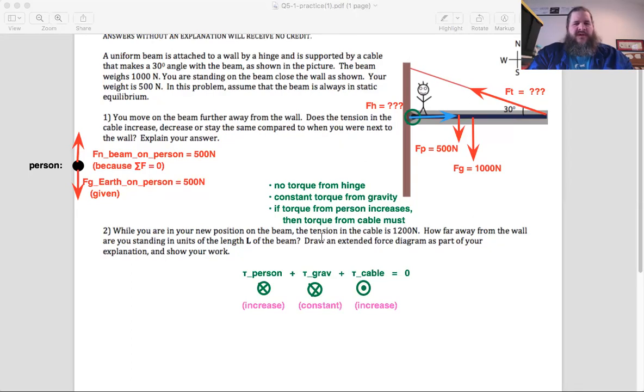And in part 2, it tells us that once you reach a certain new location, it tells us what the tension is. So let's move on to part 2. If we know that the tension is 1200 newtons when you're at some new location, so let's say you're now standing right here, let's say you have moved to this new location.